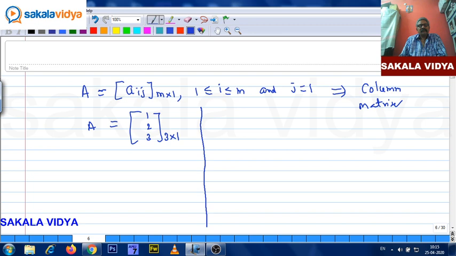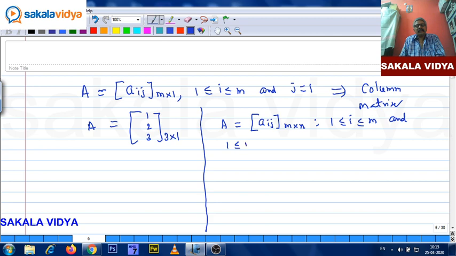So, next we have, for example, A is equal to Aij, m by n, 1 less than or equal to i less than or equal to m, and 1 less than or equal to j less than or equal to n, such that aij equals 0 for every i, j.